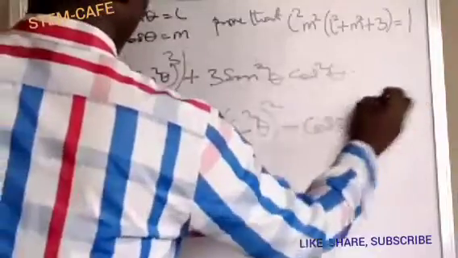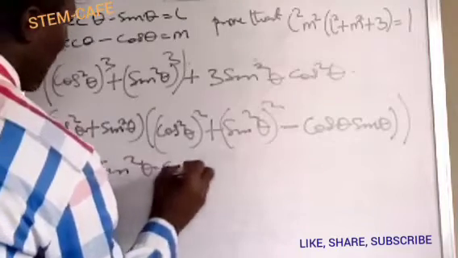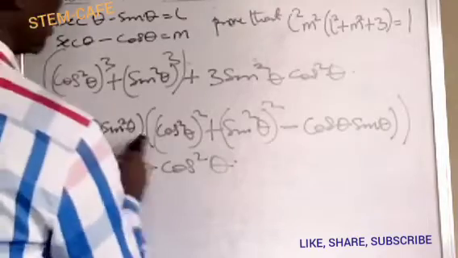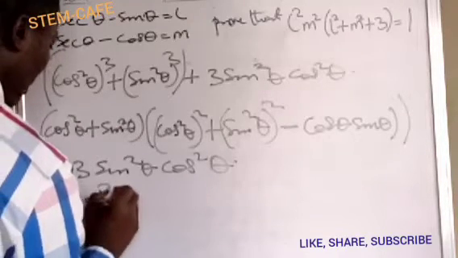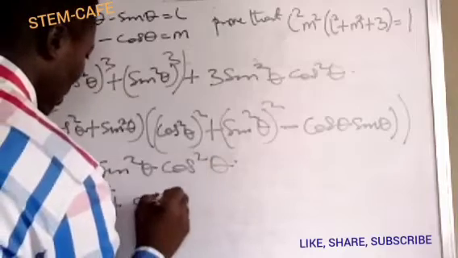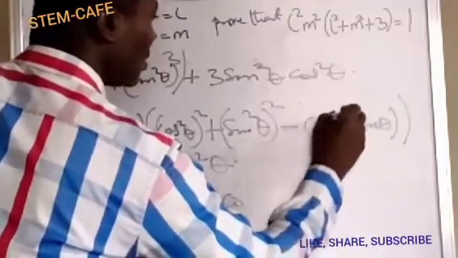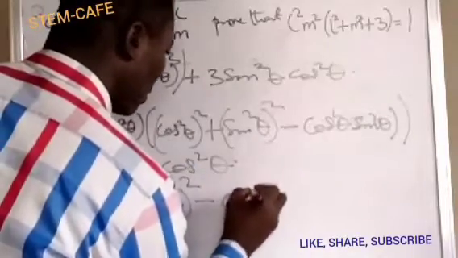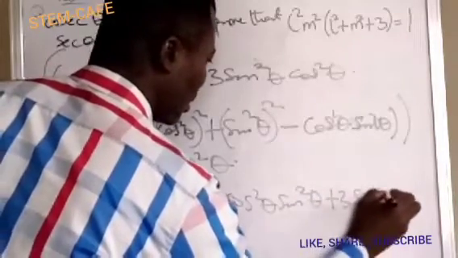Now I will still add this plus 3 sin squared theta cos squared theta. We know that cos squared theta plus sin squared theta equals 1. So multiplying this out, it gives me cos squared theta squared plus sin squared theta squared minus cos squared theta sin squared theta, plus 3 sin squared theta cos squared theta.